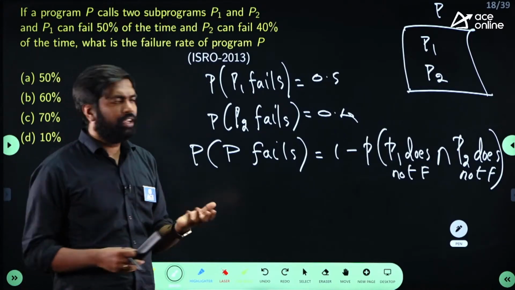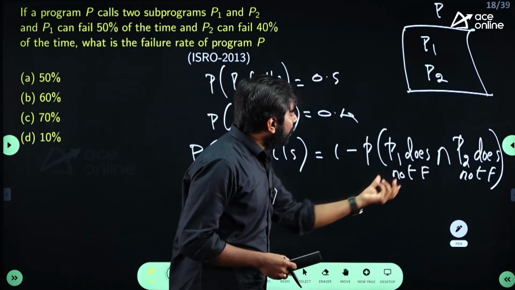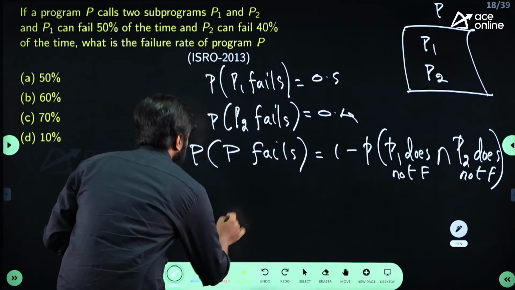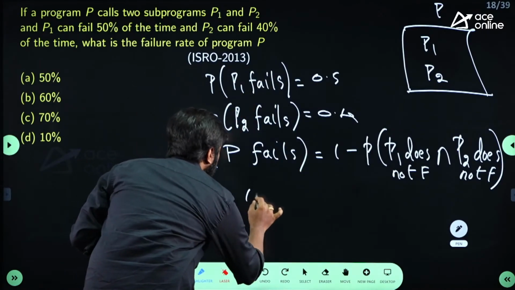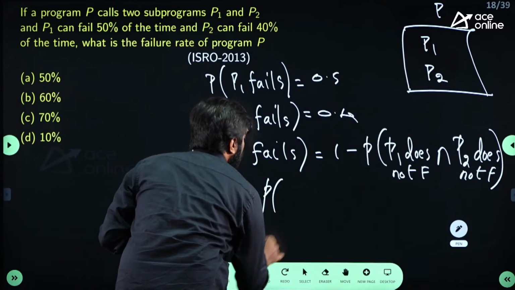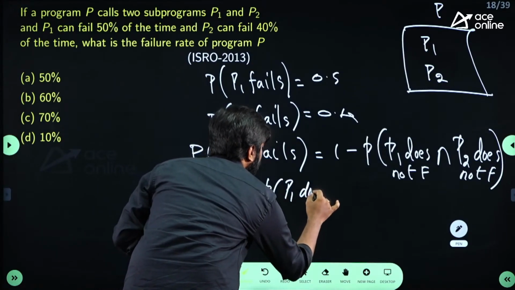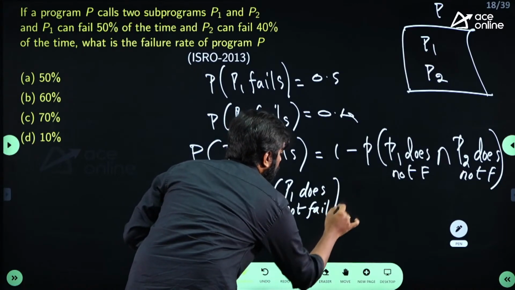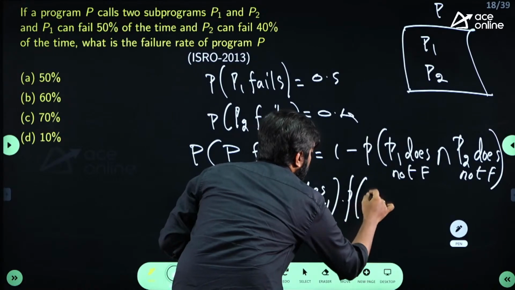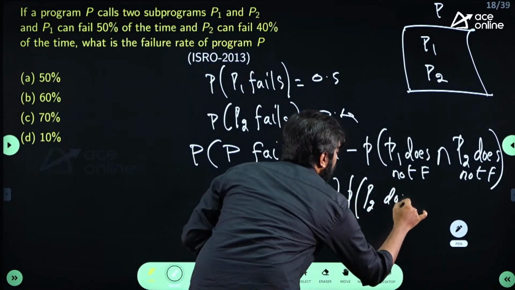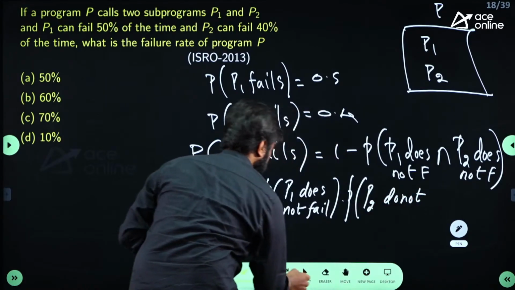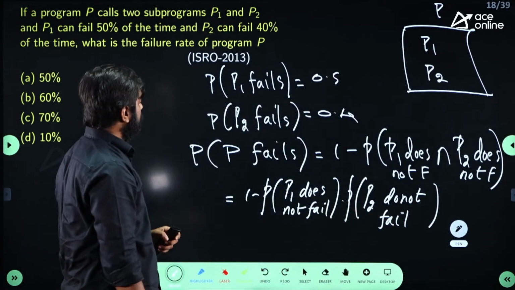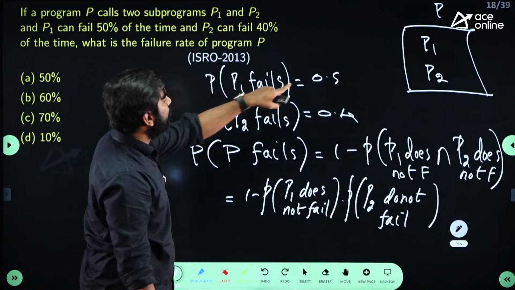I once again repeat this. For independent events, the probability of their intersection is equal to the product of individual probabilities. So this can now be written as 1 minus the probability that P1 does not fail into the probability that P2 does not fail. Do you have these values? The probability that P1 fails is 0.5.